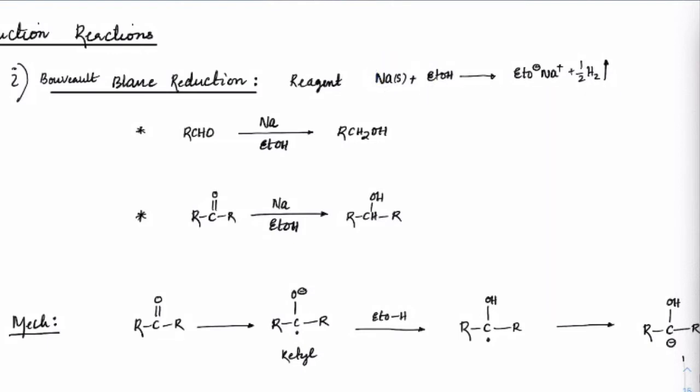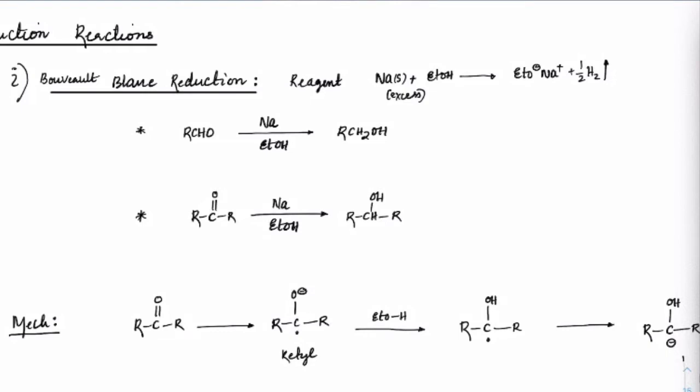Second thing, we usually add excess amount of sodium during the reaction, so that even if this side product is coming, it does not affect the amount of sodium present in the solution. So I hope fundamentally what is happening is clear.